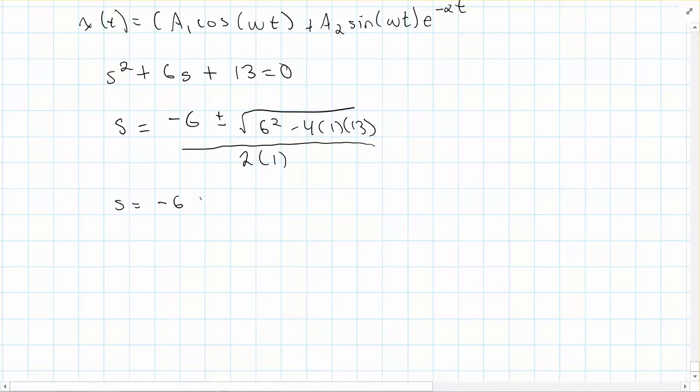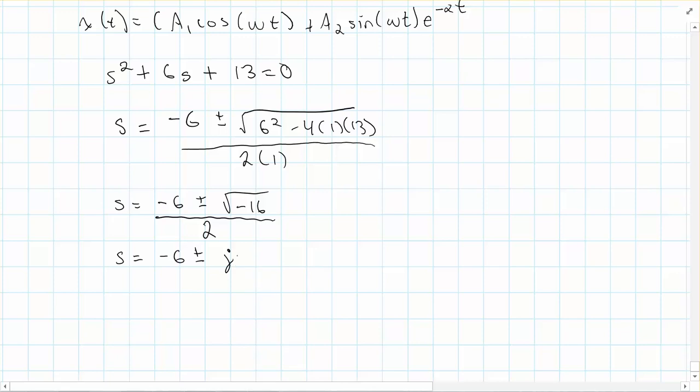Negative 6 plus or minus, okay, I'm going to do this in my calculator real quickly. The square root of negative 16 all over 2. Now, s is then equal to negative 6 plus or minus, and in electrical engineering, our imaginary number is j.